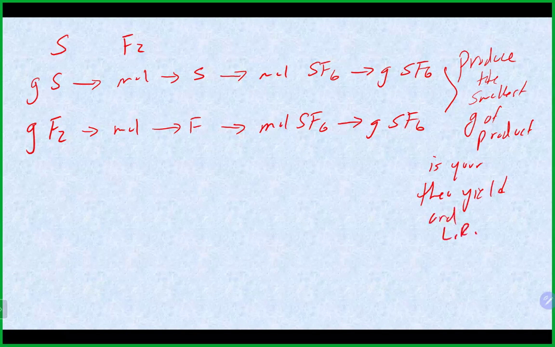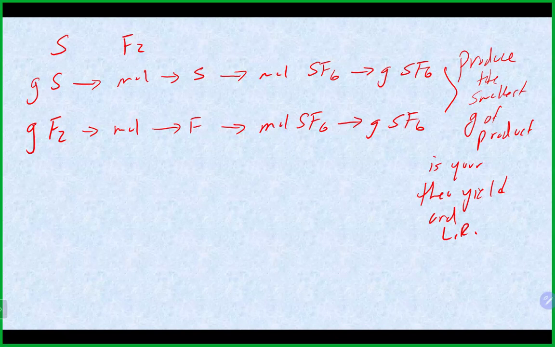So that is a very popular way that people teach it these days, is just to do 2 separate calculations, one from each reactant to the product. Whichever one produces the least amount would be your theoretical yield, and also that would be your limiting reagent.